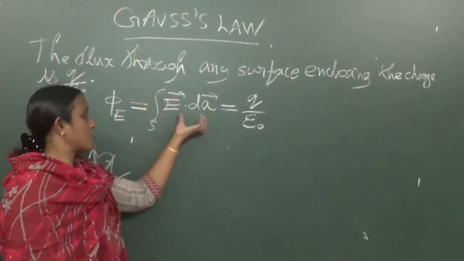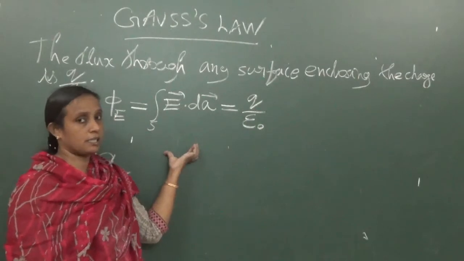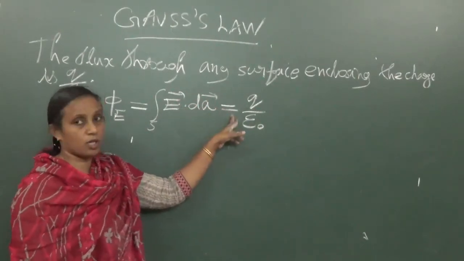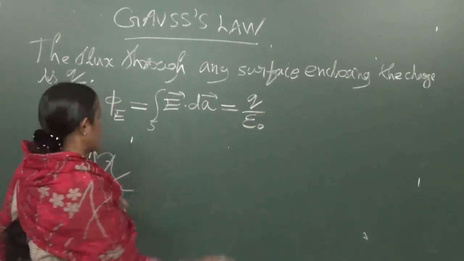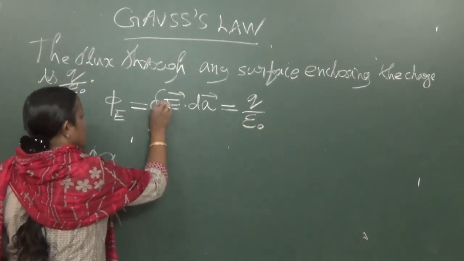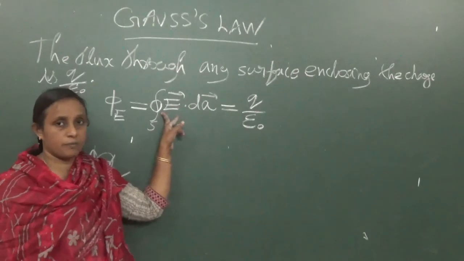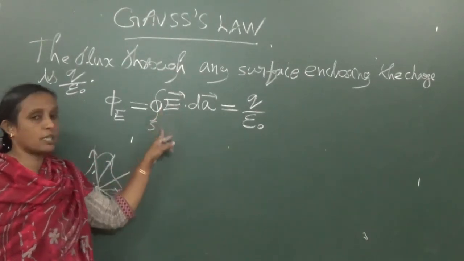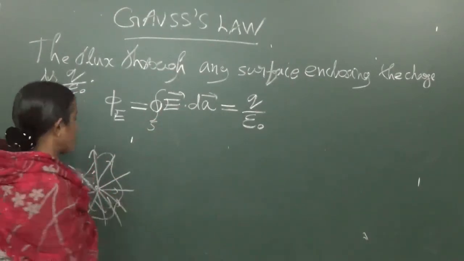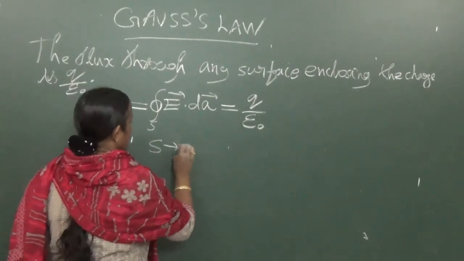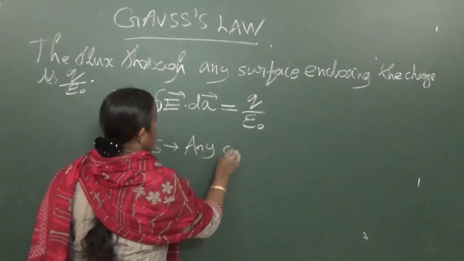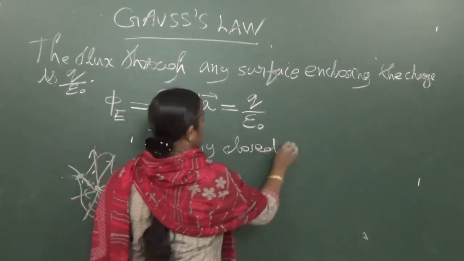So this Gauss law is defined for any arbitrary closed surface S: E dot dA equals the charge enclosed by epsilon 0. For a closed surface, you can make a circle on the integral sign to represent the surface integral over a closed surface.